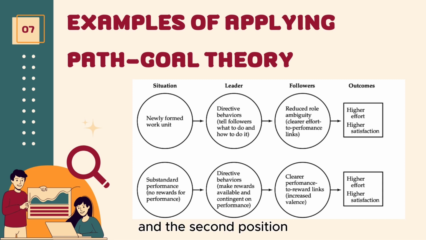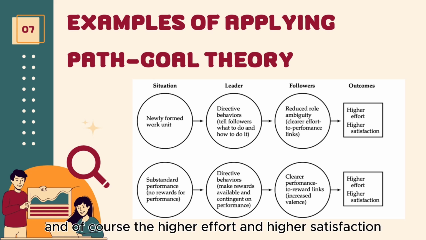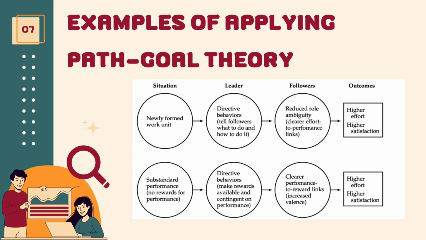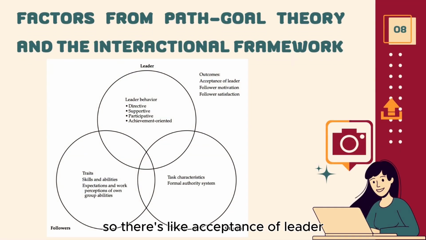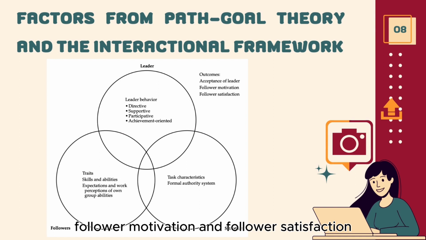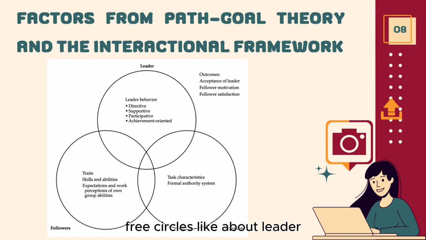In the second, substandard performance, then directive behavior, then clearer performance-to-reward links, and of course higher effort and higher satisfaction. Here you can see outcomes: acceptance of the leader, follower motivation, and follower satisfaction. You have seen 3 circles about the leader, so about leader behavior, traits, and task characteristics.